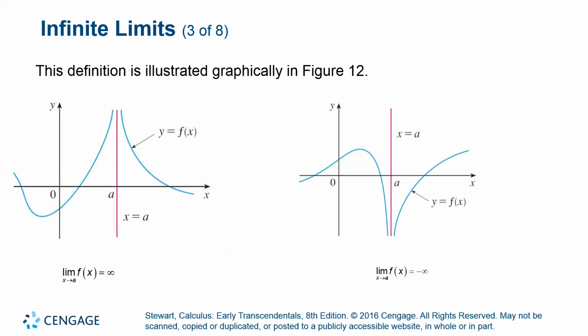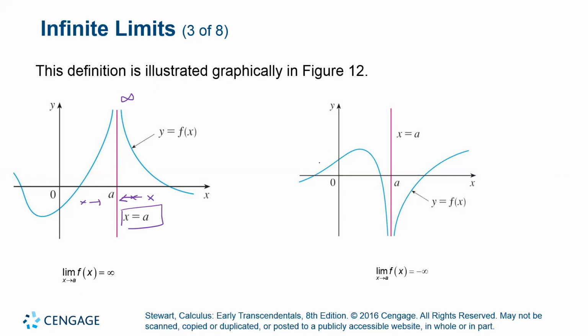If you consider this graph, look at the line x equal to a. As x approaches a from the right, and as x approaches a from the left, it goes to positive infinity; it increases indefinitely.